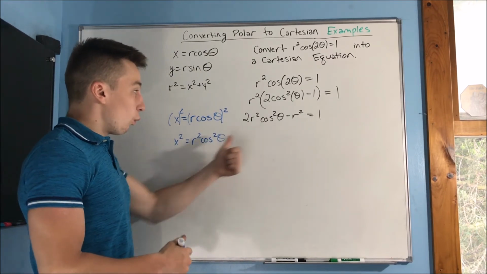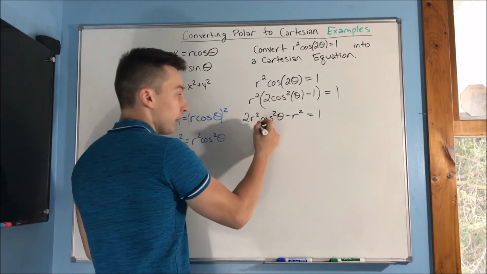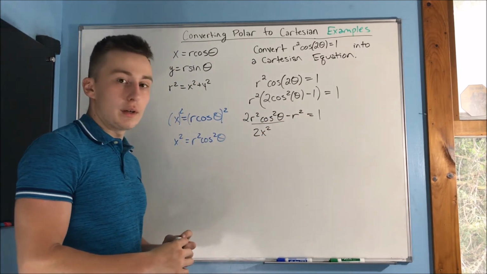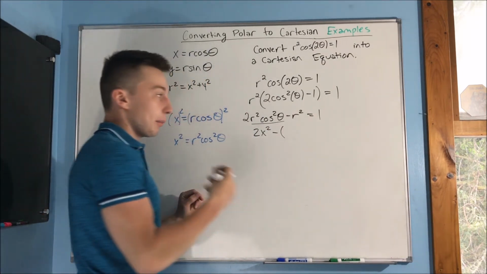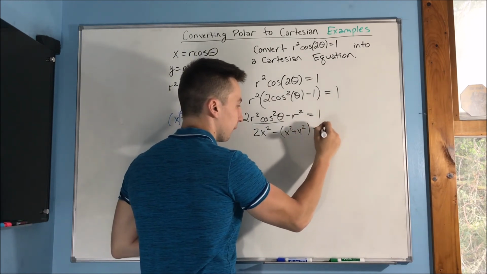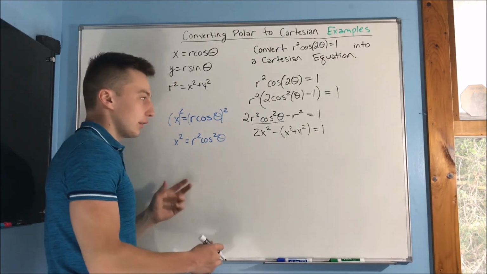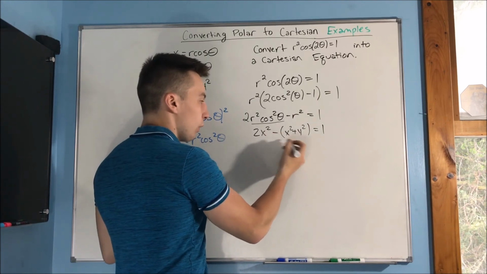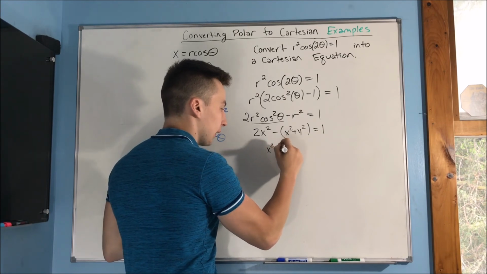Alright, so we will end up getting 2 times x squared, since this r squared cosine squared theta is going to become x squared. Okay, and then you have your minus, and remember this is going to be in parentheses. This is going to be x squared plus y squared. Okay, it's important to remember those parentheses because you're going to have to distribute that negative. Okay, you don't want to forget to do that, or you'll get a completely different answer. So when you distribute this negative and do it out, you're going to get that x squared minus y squared equals 1.